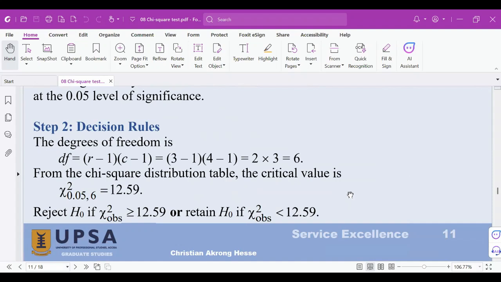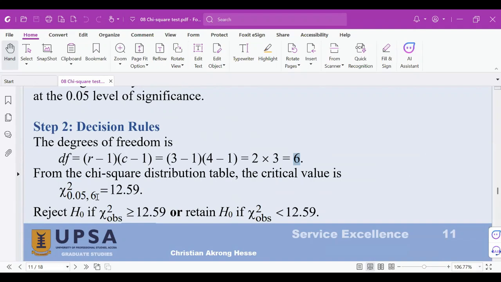Then you come to the decision rule. First, you find the degrees of freedom, which will be 2 times 3. I've already explained it to you. So the degrees of freedom is 6. You read from the chi-square distribution table, 0.05, 6 degrees of freedom.